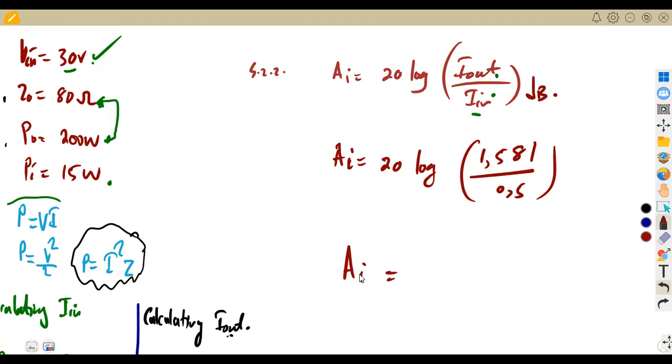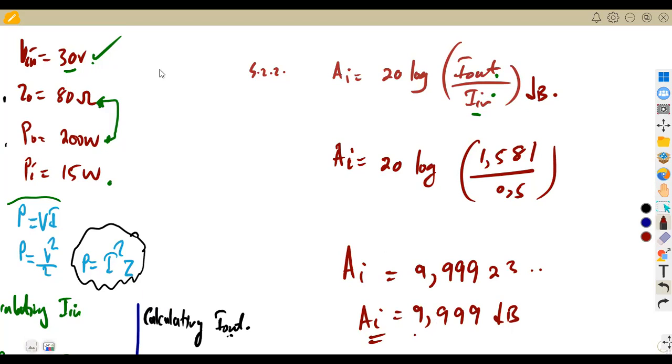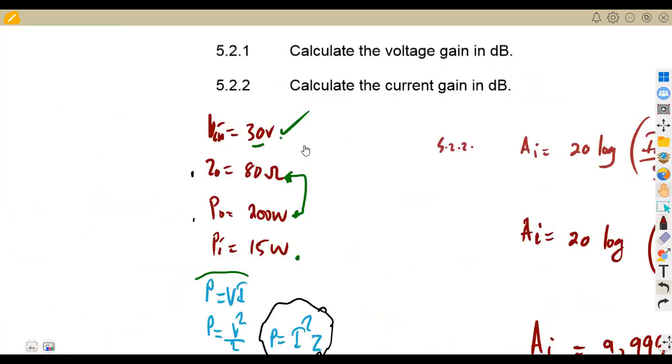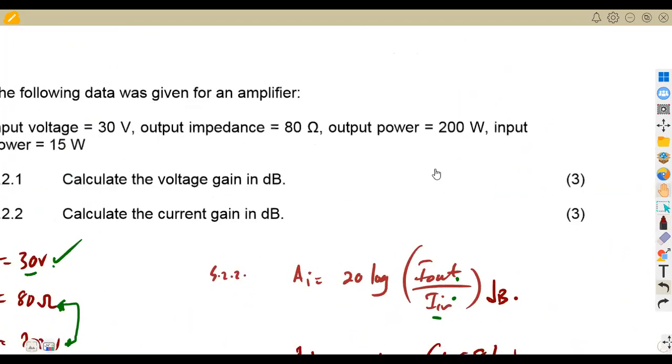The current gain was 9.99923, something like that, which is 9.999 decibels. Yes, you can approximate this to 10 decibels, which is fine, but the answer was supposed to be 9.99 in decibels. Approximating to 10 is one and the same thing. So that's it.